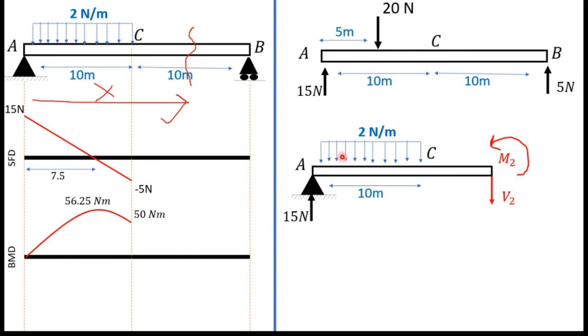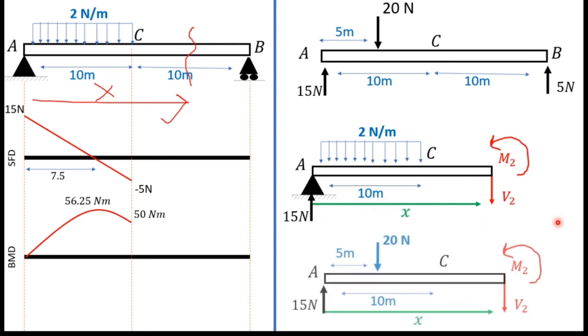Here also this is a distributed load, so I will consider the resultant force of this distributed load as before. So this length is x, and this is the free body diagram, and this 20 Newton is the resultant force of this distributed load.